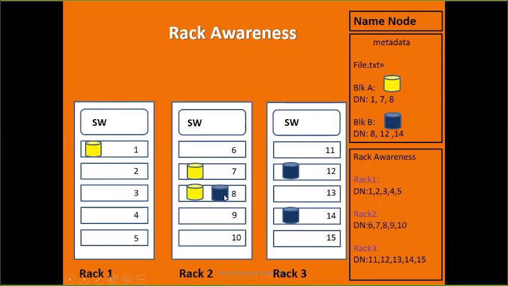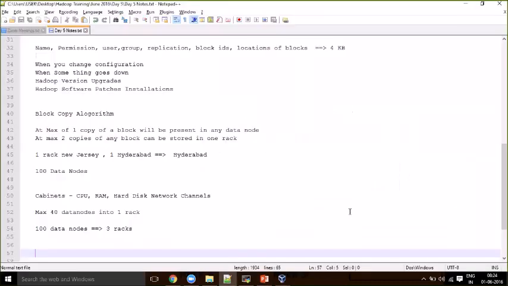In that case, you have block A present in rack 2 and block B from either rack 2 or rack 3. It is the same if rack 3 goes down. So in order to survive even an entire rack failure, they have that second rule: at max 2 copies in any rack.